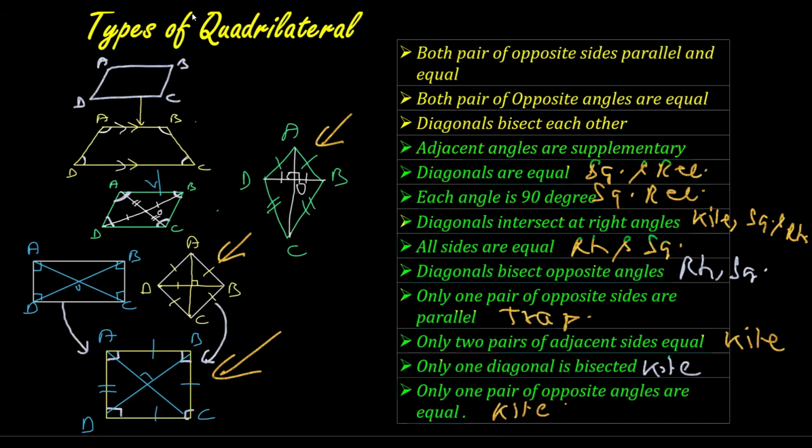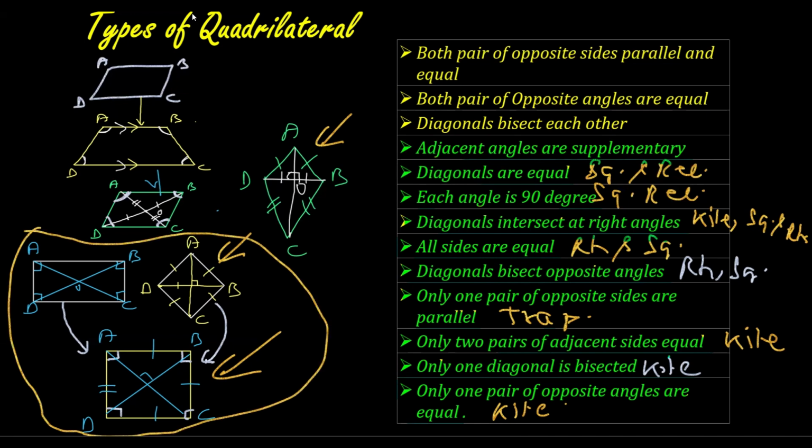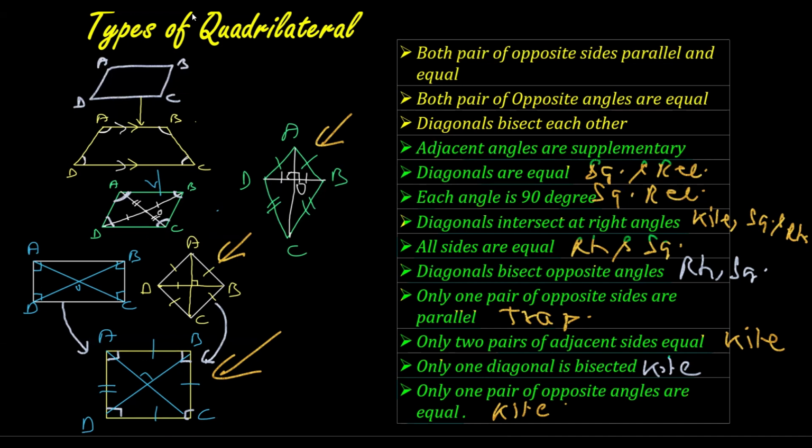Moving above, adjacent angles are supplementary. Well, adjacent angles are supplementary in a parallelogram, but you should know that these are special types of parallelogram, so they will also have these characteristics. That means it will include all of these.